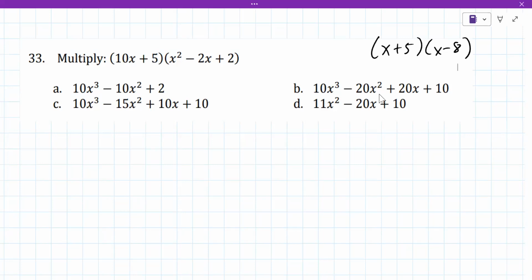And then you would do x cubed minus 25x squared plus 10x plus 10.